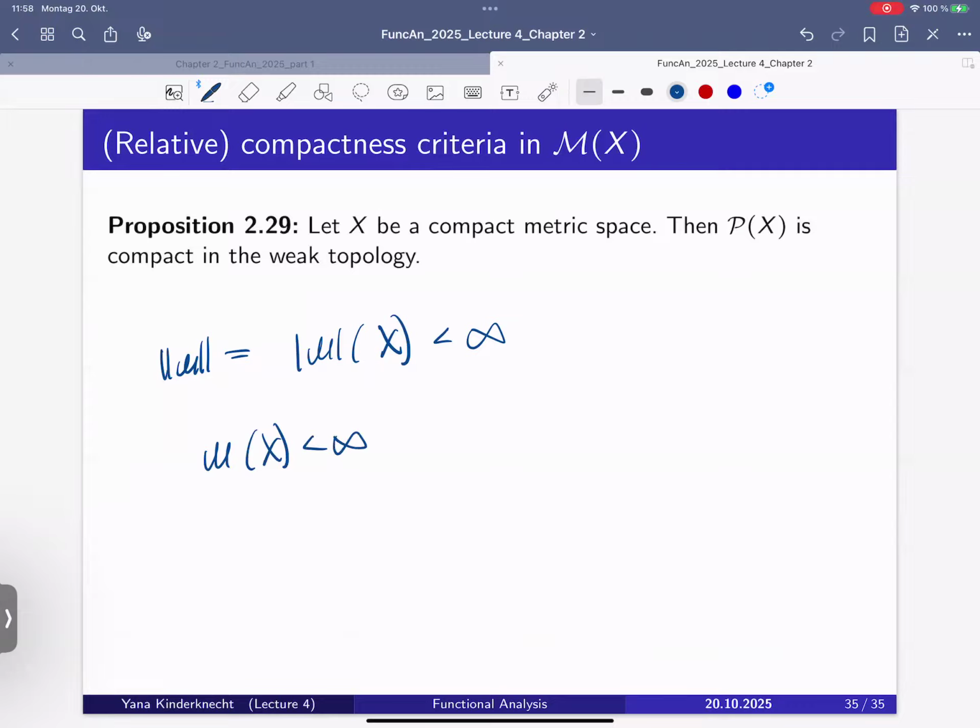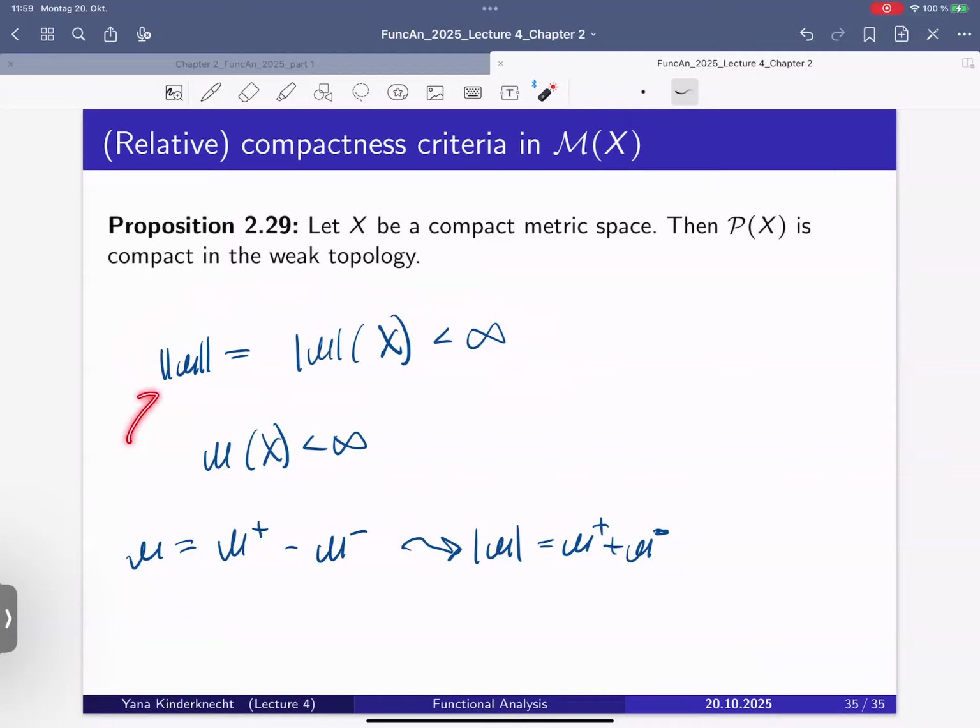So the measure is finite. If the signed measure is decomposed into two parts, mu plus minus mu minus, then we construct this absolute value of mu, which is mu plus plus mu minus, and this is a non-negative measure, and we assume this. And we consider this set, but now with another, weaker topology. So the measures are finite.